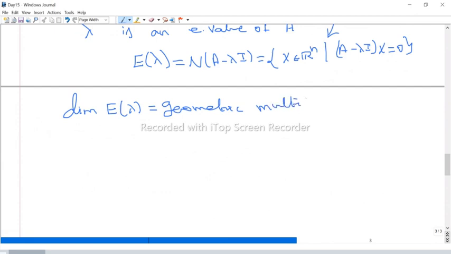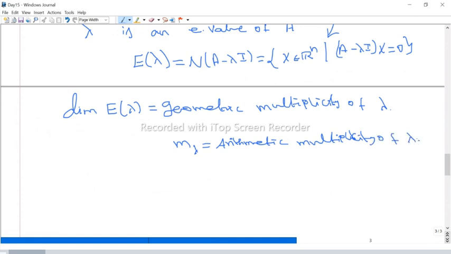So the dimension of E of lambda is the geometric multiplicity of the eigenvalue lambda. Suppose we take m suffix lambda. m lambda is the algebraic multiplicity, the number of times lambda is repeated in the roots of the characteristic polynomial. So for a symmetric matrix, these two numbers are equal.